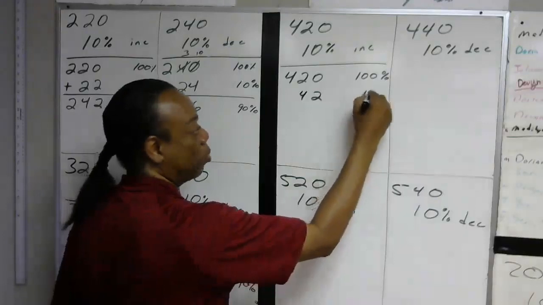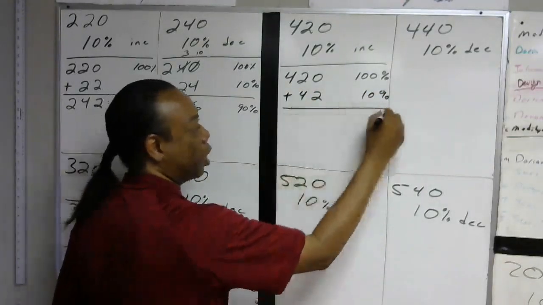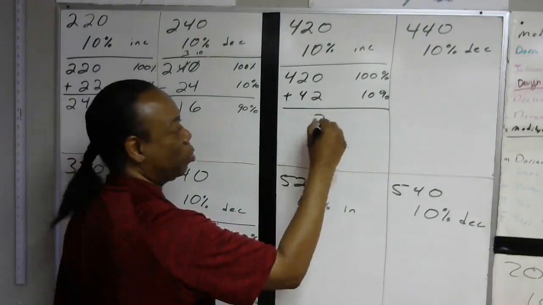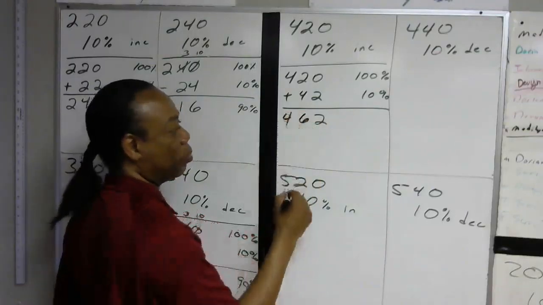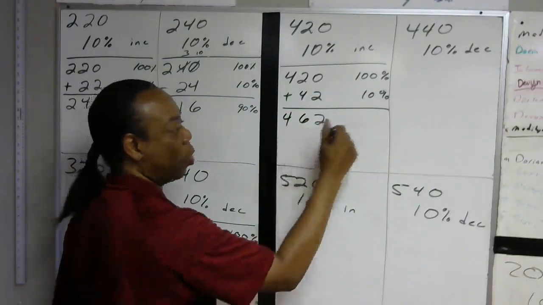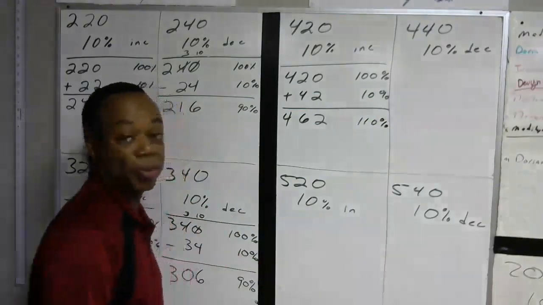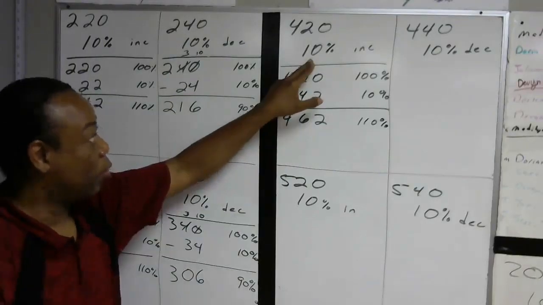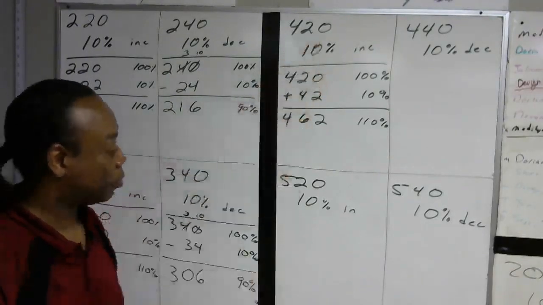Again, 42 represents 10%. So to increase it, we're going to add them together. 2 and 0 make 2. 4 and 2 make 6. And then 4 here. 462 represents 110% of the original, which is a 10% increase in the original 420.